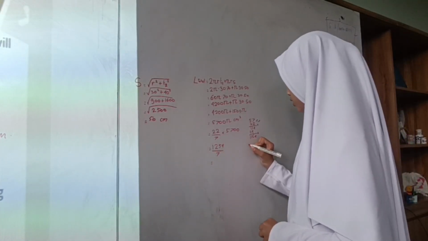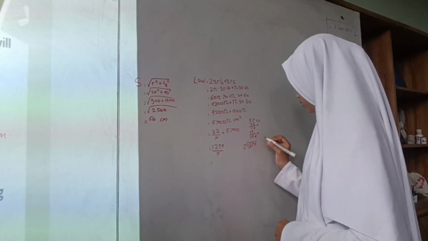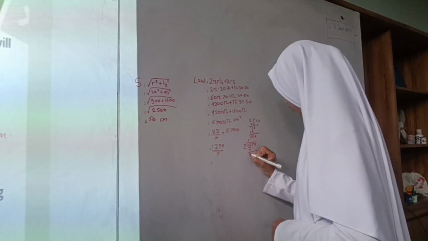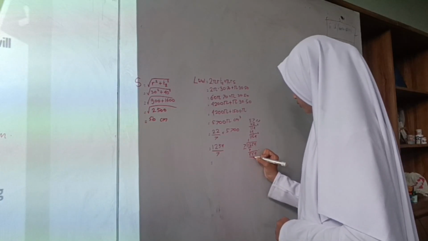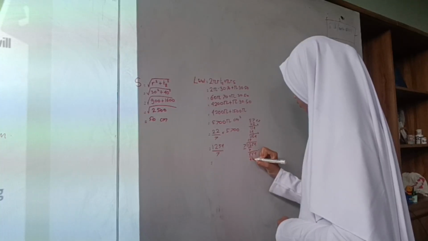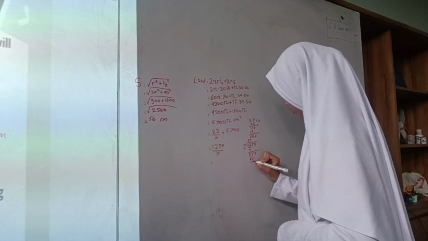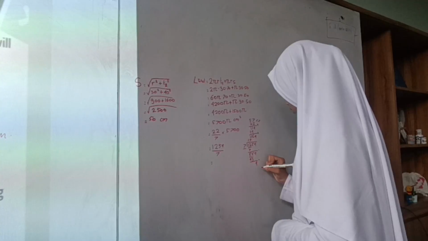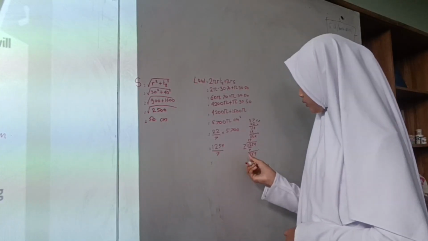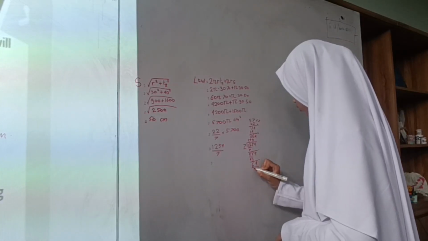So we can divide. The remainder is 64 divided with 7, which is 9 is 63.